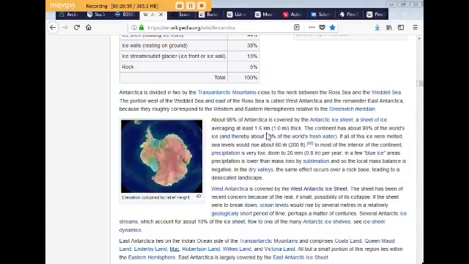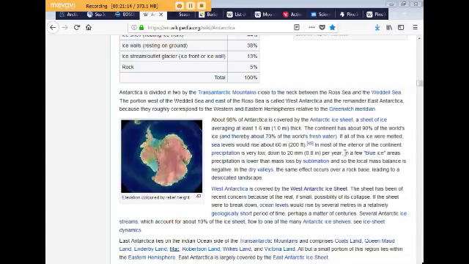The continent has about 90% of the world's ice, and thereby about 70% of the world's fresh water. If all of this ice were melted, sea levels would rise about 60 meters or 200 feet.